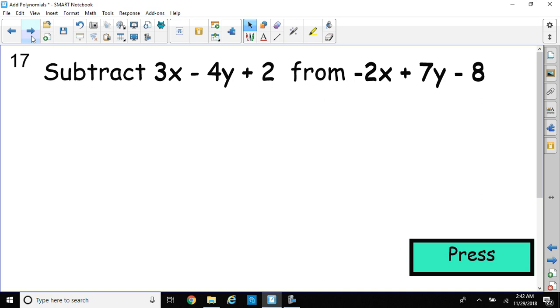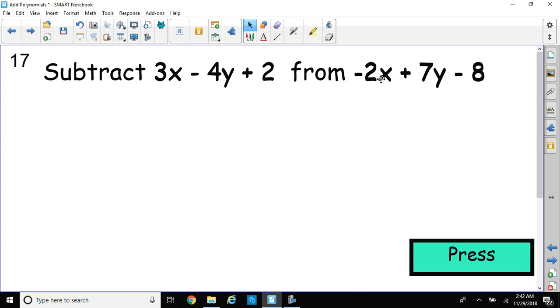All right, here's a different type of question. It is subtract, but I want you to notice it says subtract 3x minus 4y plus 2 from negative 2x plus 7y minus 8. This word from is kind of misleading, because normally people would put this first and then this second and do your subtraction.